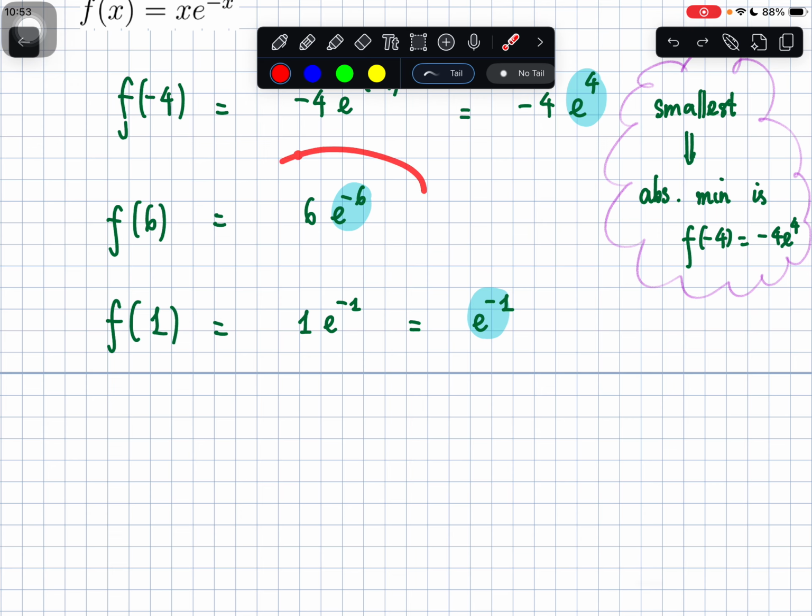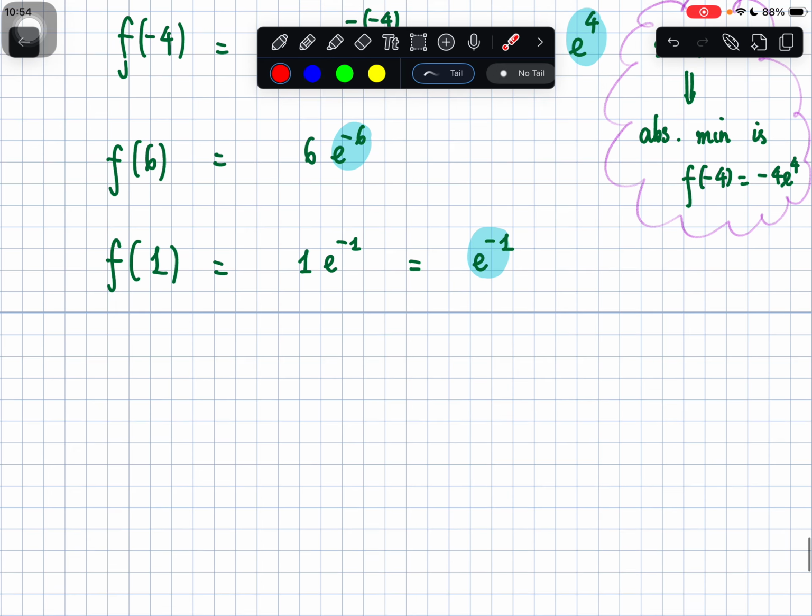Now we need to compare the other two and see which one is bigger. I know that 6 e to the minus 6 is much smaller than e to the minus 1. The exponential function looks like this, e to the minus x decreasing, so e to the minus 6 is here and e to the minus 1 is somewhere here. To show that, I write 6 e to the minus 6 less than e to the minus 1.